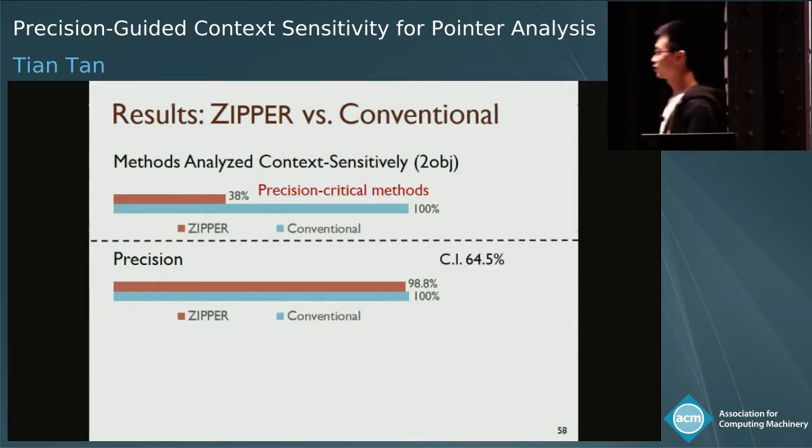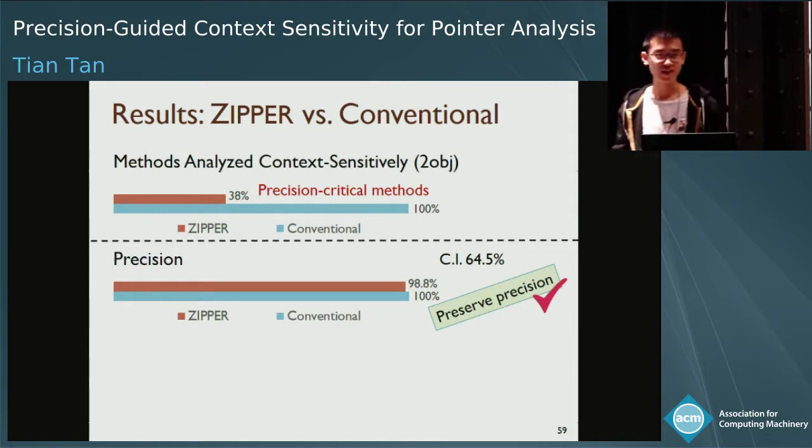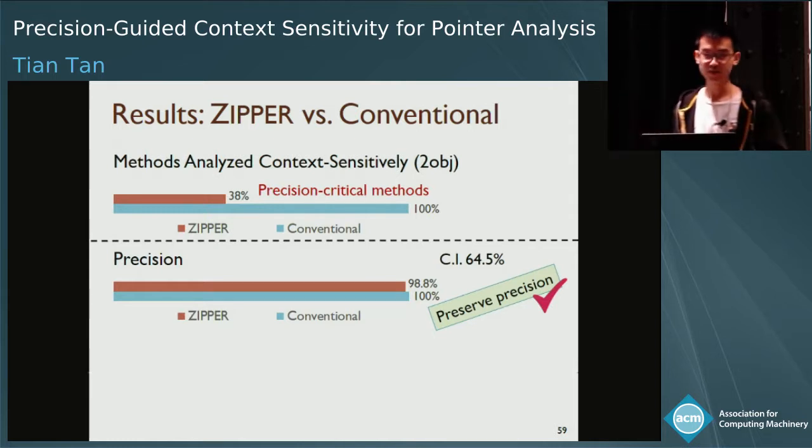As a comparison, the precision of CI analysis is only about 60%. So this result shows that the methods identified by Zipper are truly relevant to precision. It means that Zipper can effectively identify precision-critical methods and preserve the precision.